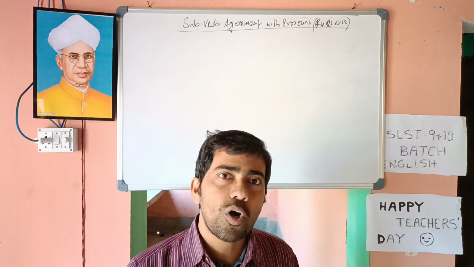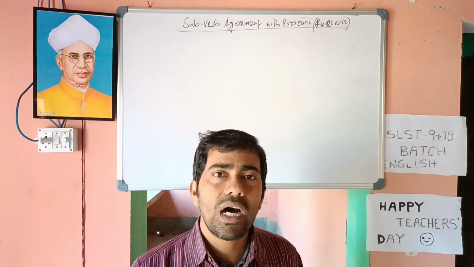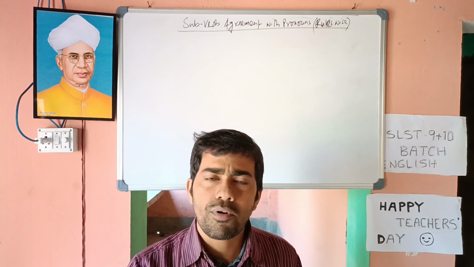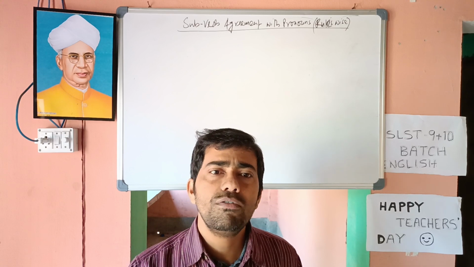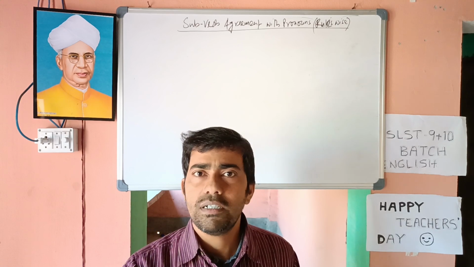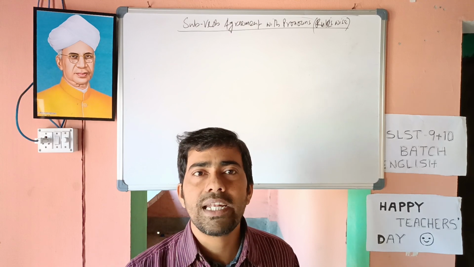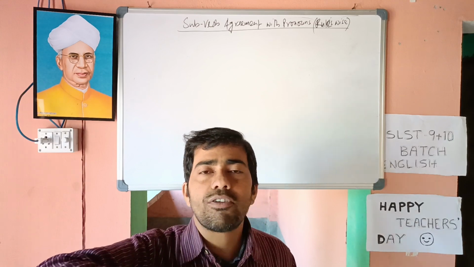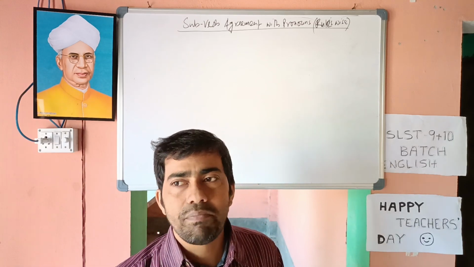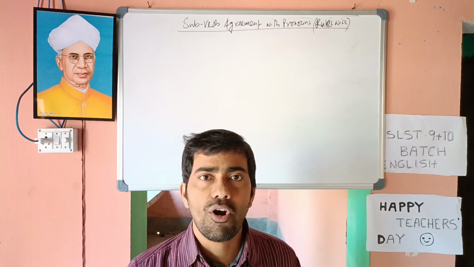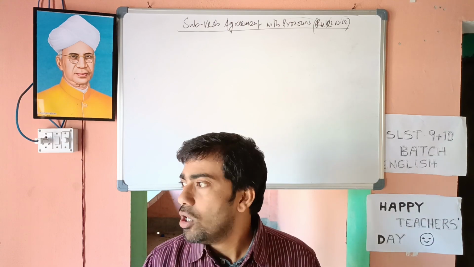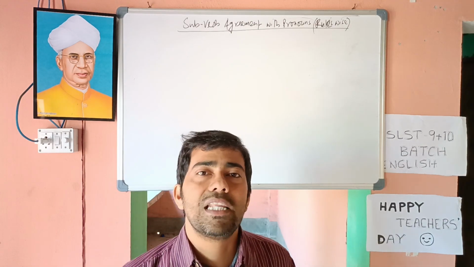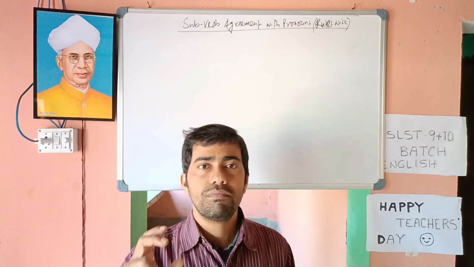Most errors occur with pronouns, because pronouns are the most confusing words used in a sentence, and if not used properly with the alignment of the entire sentence, they may lead to error. So in this video, I will give you rule-wise subject verb agreement about pronouns.